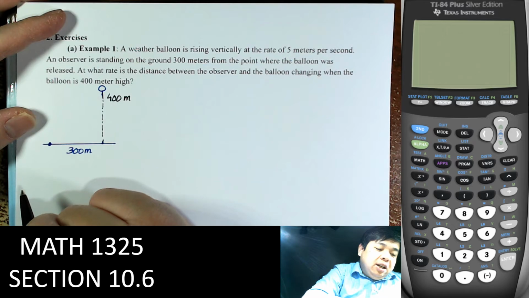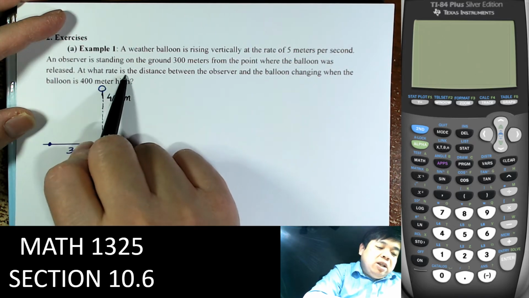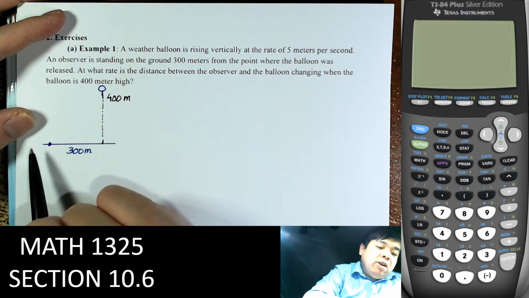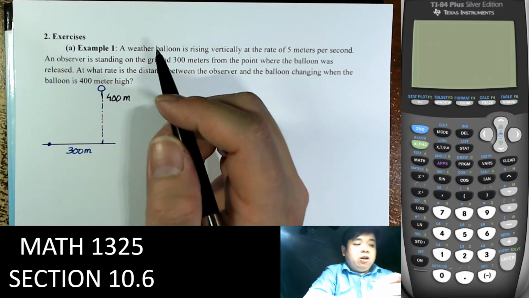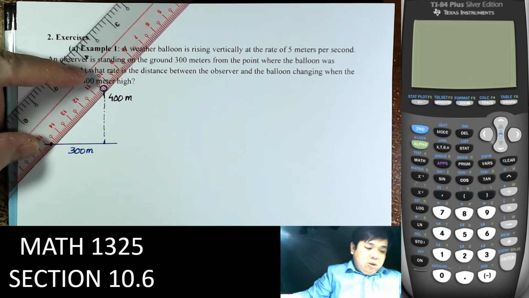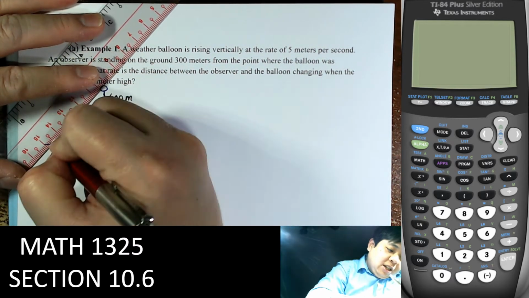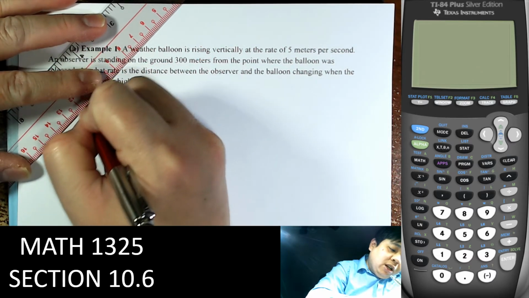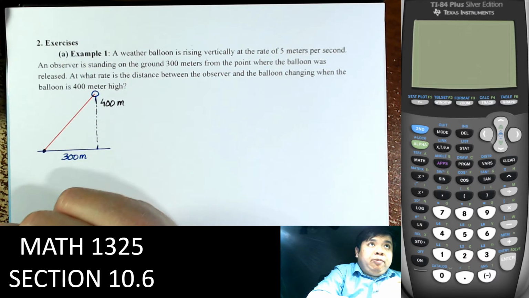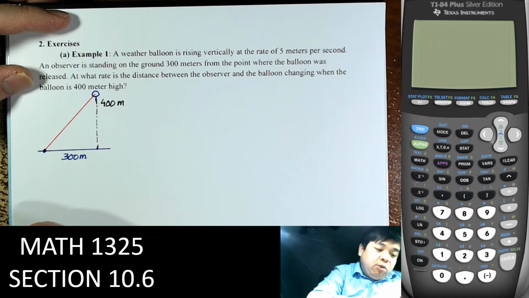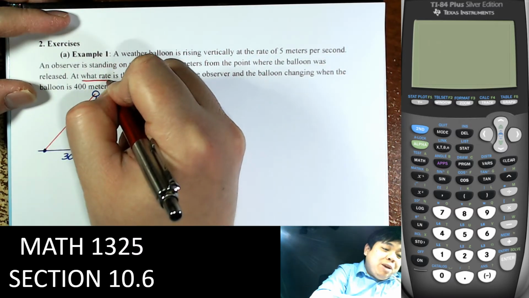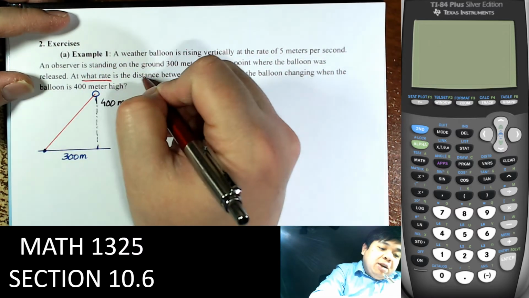And the question is, at what rate the distance between the observer and the balloon is changing when the balloon is 400 meters height? So the question gives us that. So this is the distance between the observer and the balloon, and the question asks for what rate. So that is the derivative with respect to t of the distance.